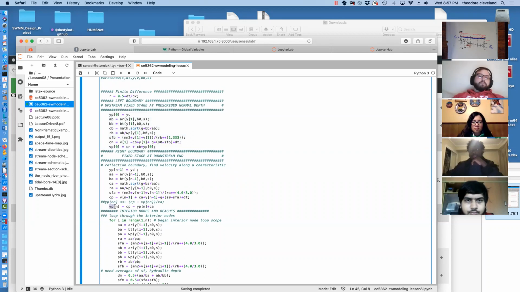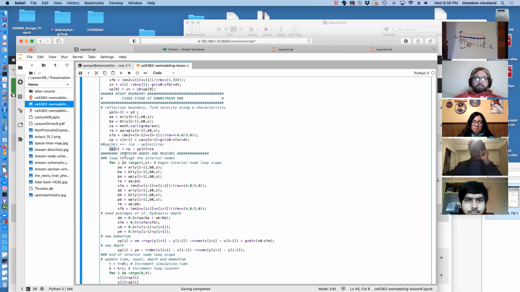Like, for example, we're putting in a hydrograph at the upstream end, because then we don't know velocity explicitly, because the discharge affects the depth as well as velocity. So that's where these characteristic curves come in. I will probably in our next class meeting take some time to explain the use of the characteristics to map boundary conditions.